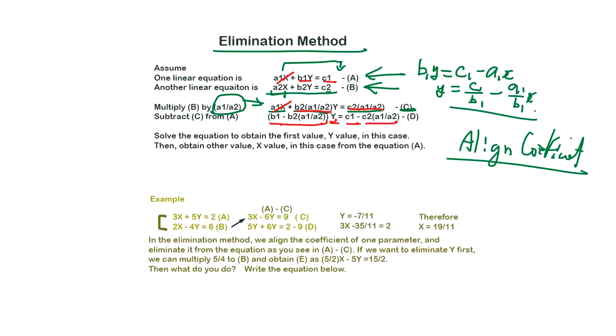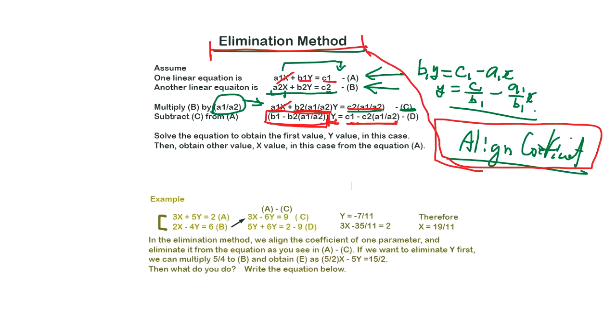Because you divide both sides by this term, you get y. Once you get the y, you plug in that y, then you can get x. So this is called the elimination method. The keyword is align coefficients, so that you can subtract and eliminate one of the unknown values.